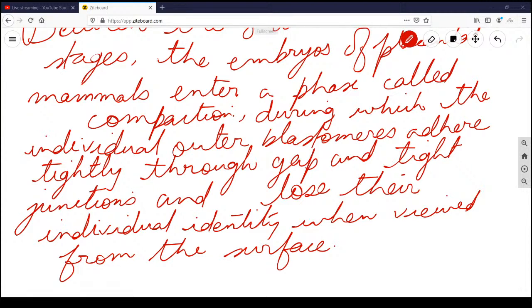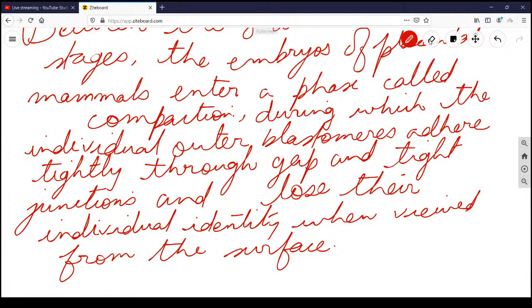Which is known as a cell adhesion molecule. Okay, so E cadherin molecule forms a ring around the apical surface of the blastomeres. That is the meaning of E cadherin. E stands for epithelial cadherin.